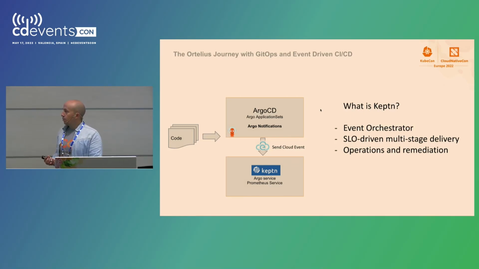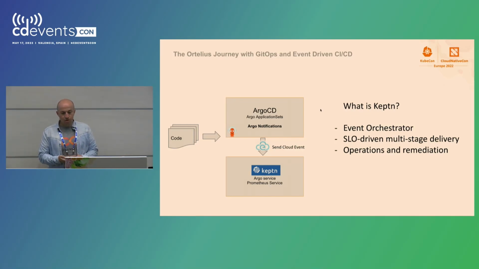We really liked it for the quality gates, because when we wanted progressive delivery through environments, you could ping Prometheus and say, is this app okay, similar to the Argo Rollout, and then the quality gate would let you pass and go into the next environment.